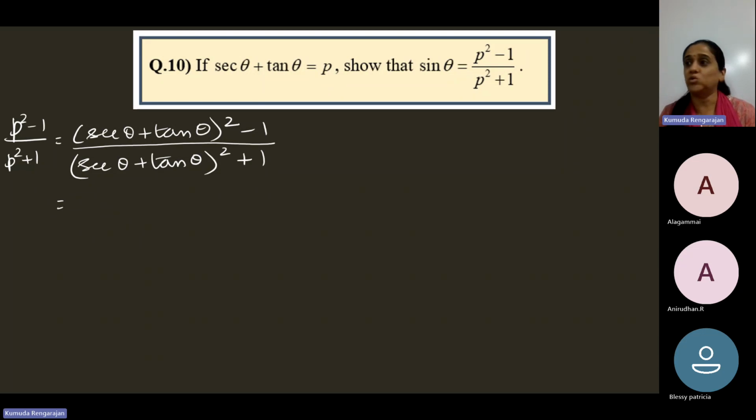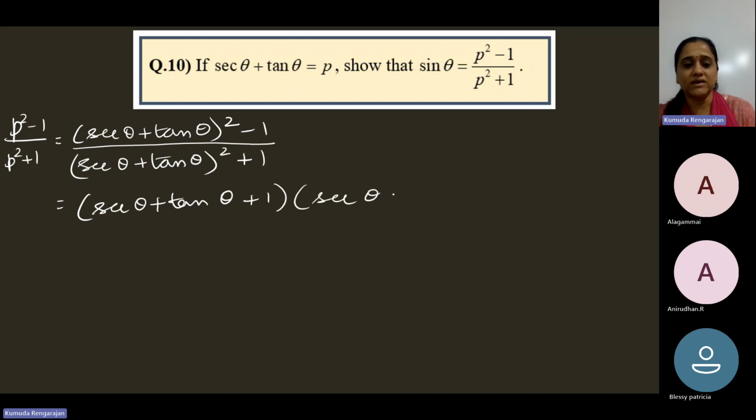You will not get power 2. So what is a plus b? This is a plus b plus 1 into this is a minus b.